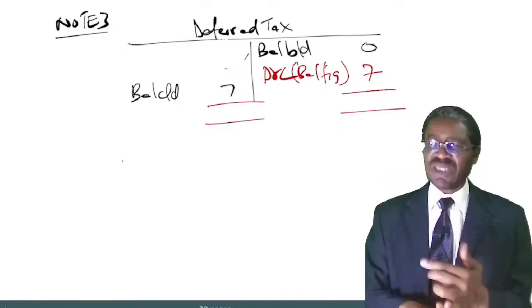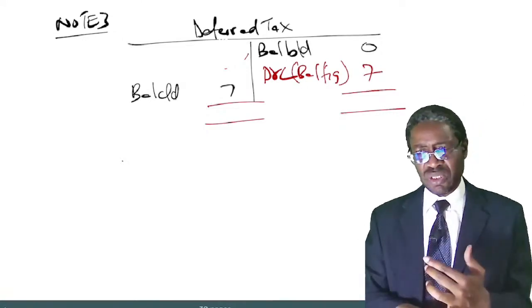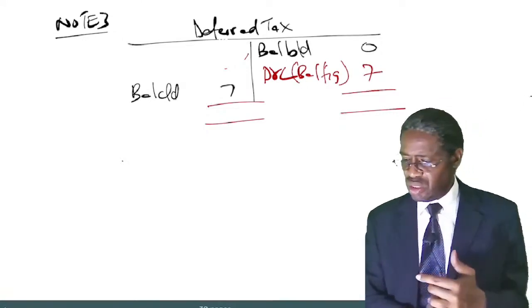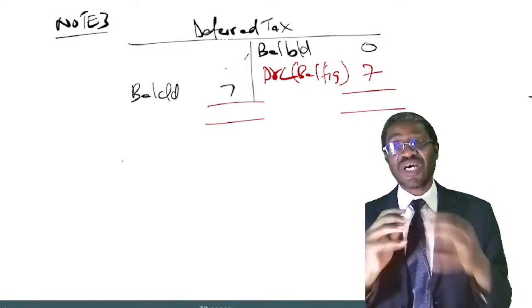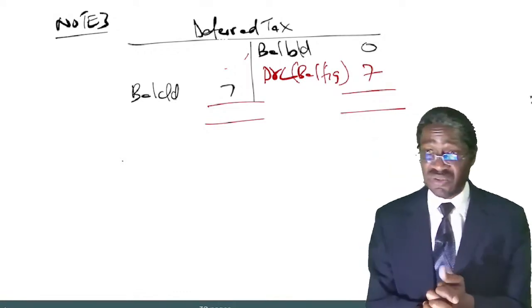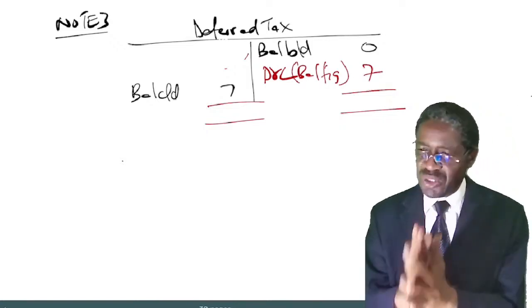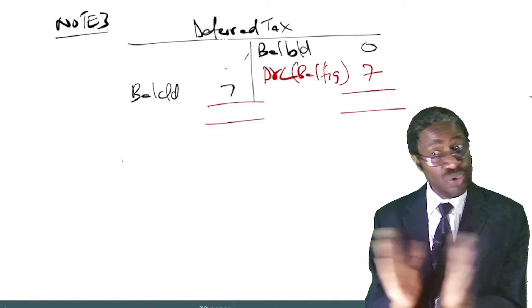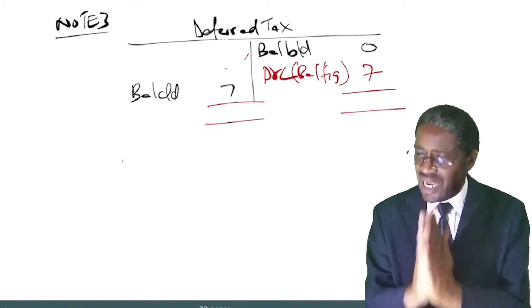Whenever an asset is disposed, what are the steps to be followed in the determination of the gain or loss on disposal? Those are the things we want to remind ourselves. I've told you, it's not a financial reporting item, but it can be tested.